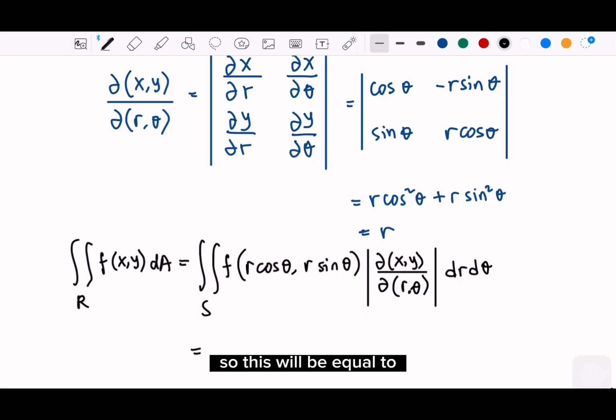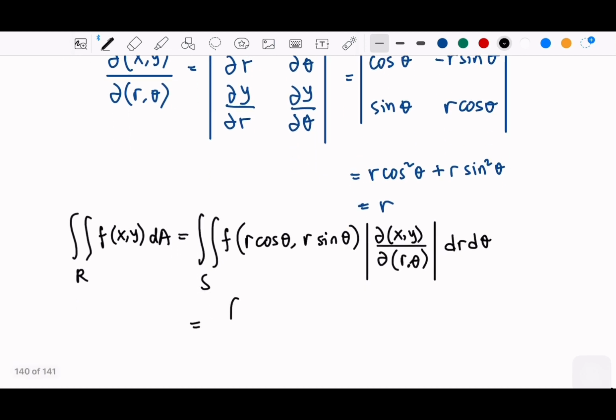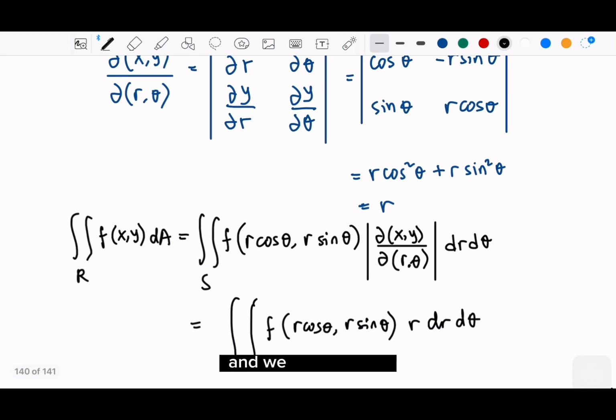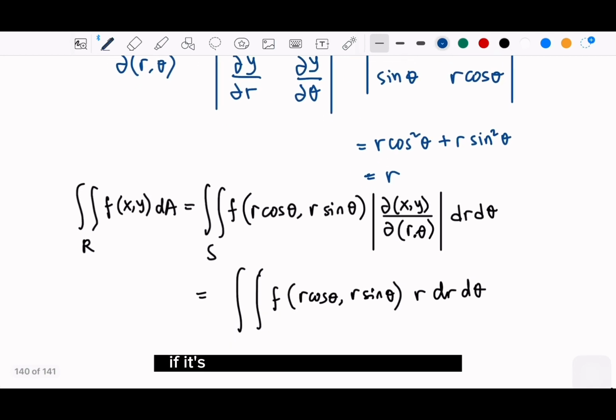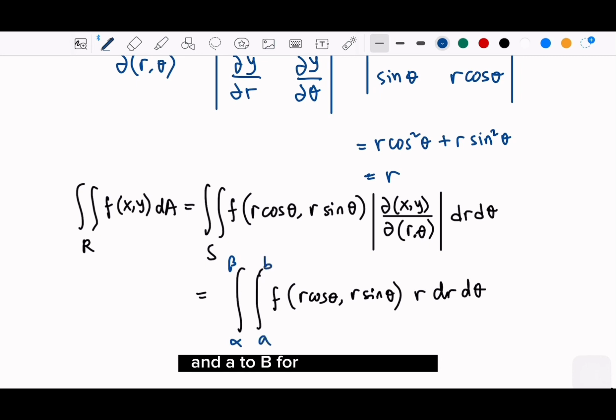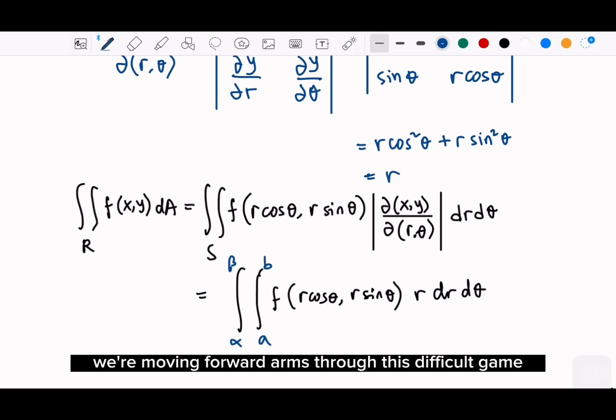So this will be equal to, and the Jacobian result is r dr d theta. And we can just add, for example, if it's evaluated from alpha to beta and a to b for the radius. Okay, so that's why it's also proven that we need to multiply by r through this Jacobian.